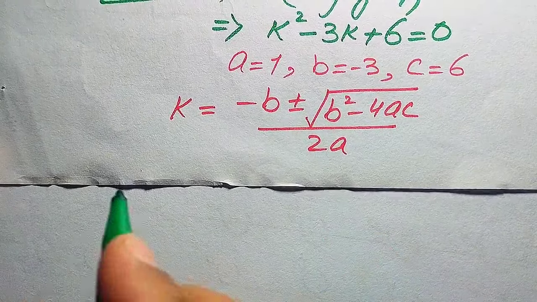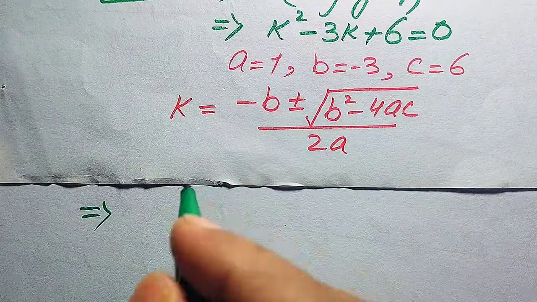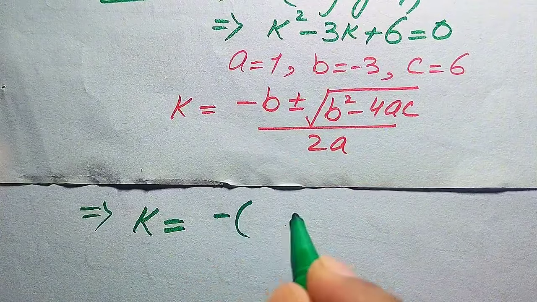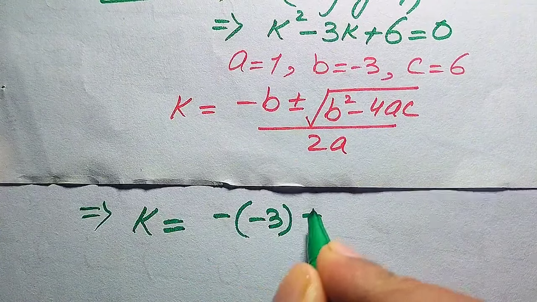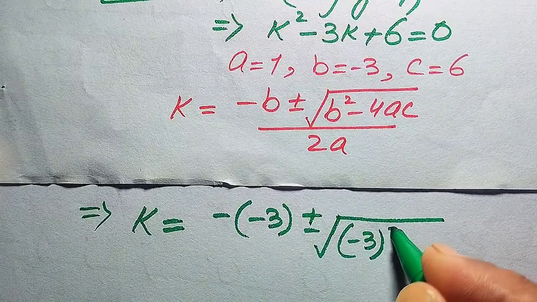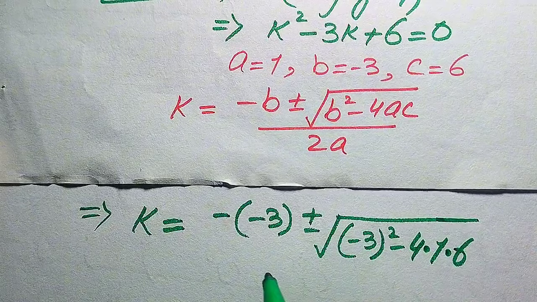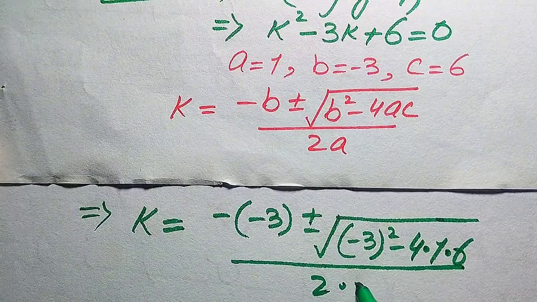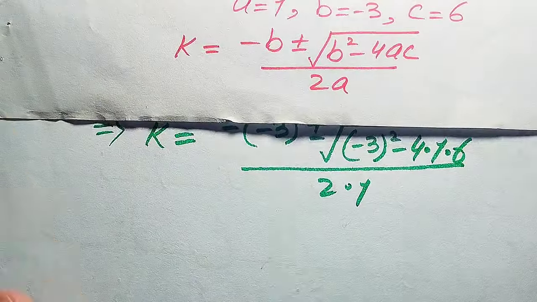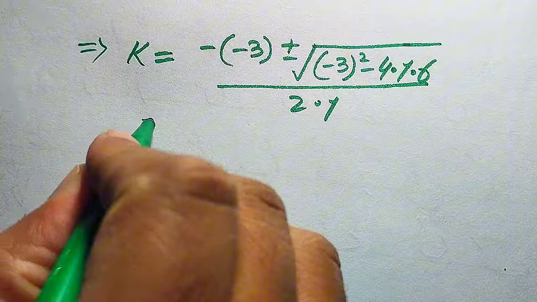So this is our quadratic formula, and here we need to substitute all the values of a, b and c in this formula, and it will be written as k equals minus b, the value of b is minus 3, plus minus square root of b square, b is minus 3 square, minus 4 times a, which is 1, and c, which is 6, divided by 2 times a, and here our a is equal to 1.